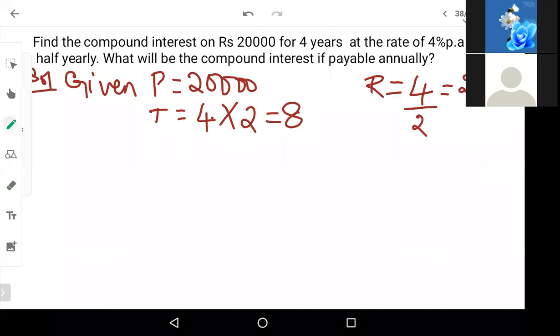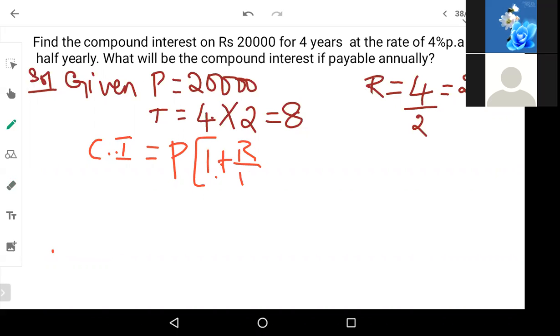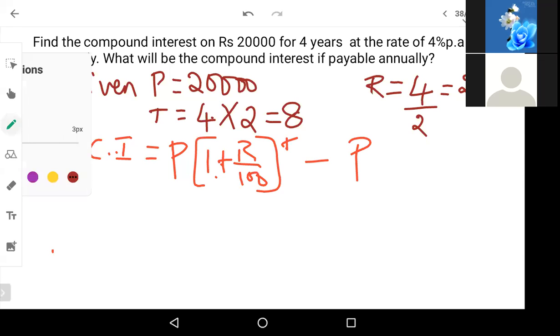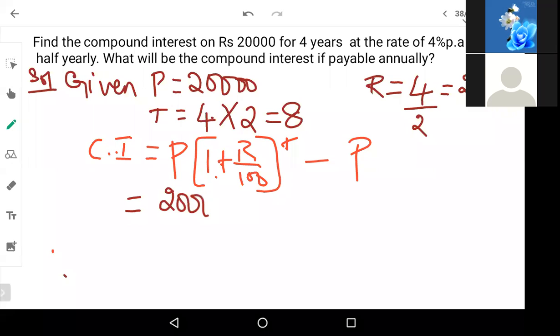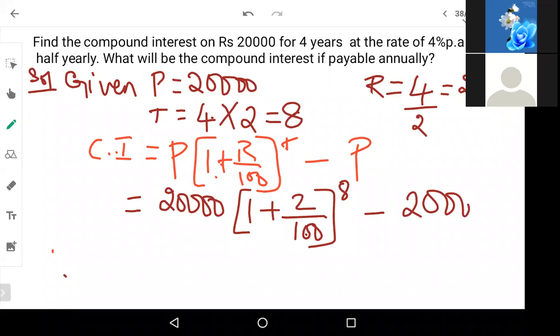Let us apply it in the formula. Now the formula is compound interest is equal to P into 1 plus R by 100 to the power T minus P. So principal is 20,000 into 1 plus R is 2, 2 divided by 100, to the power T is 8, minus 20,000.